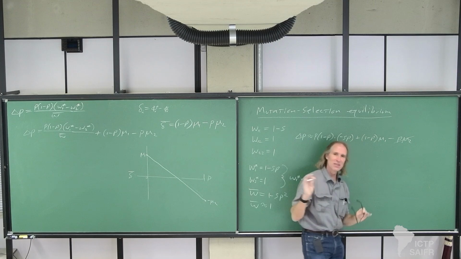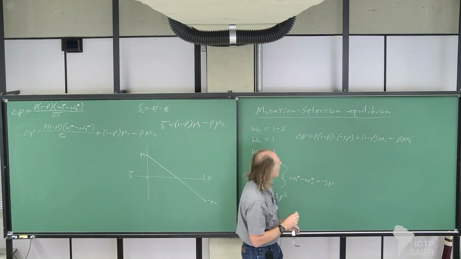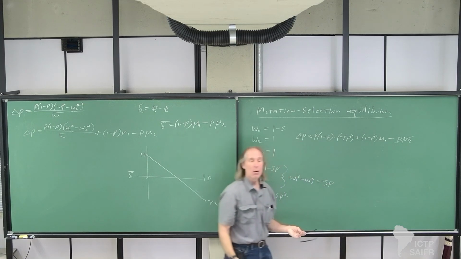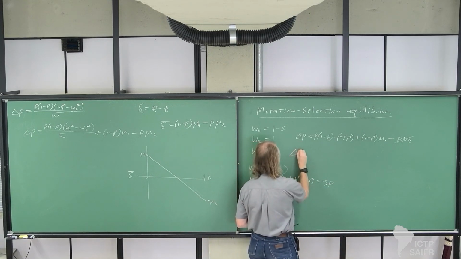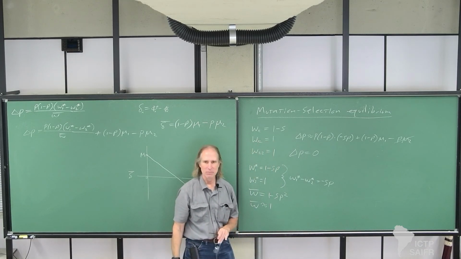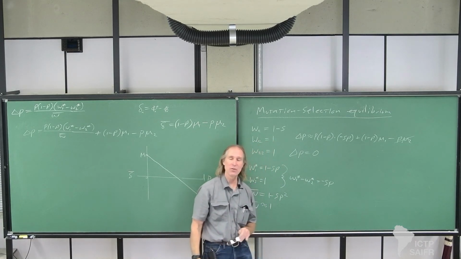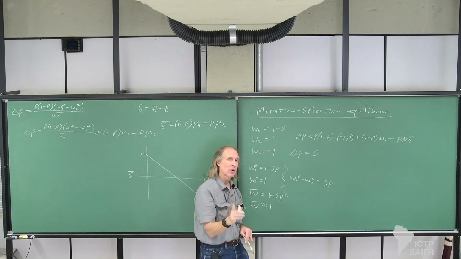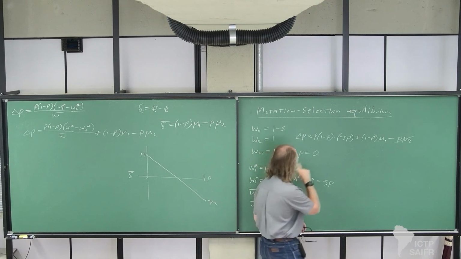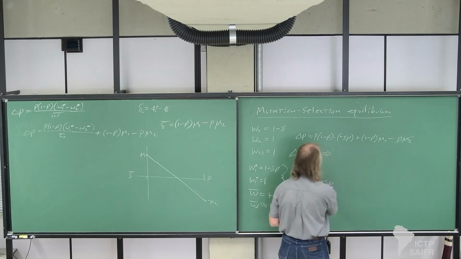This is the population genetics approach. And we basically have these parts. And we want to find a case where delta P is 0. We want to find an equilibrium. Now, strictly, we'd have to test for the stability of that equilibrium separately. We'll do that later, or you can check on it for yourself. It turns out this condition holds.